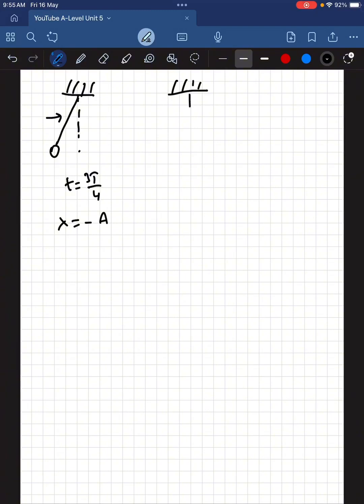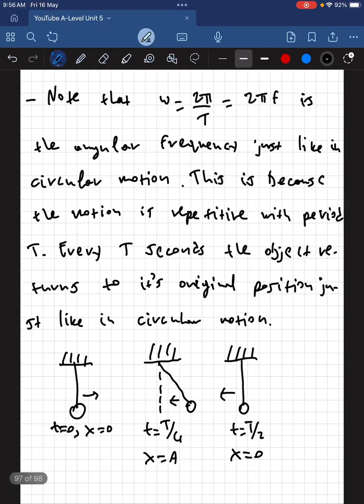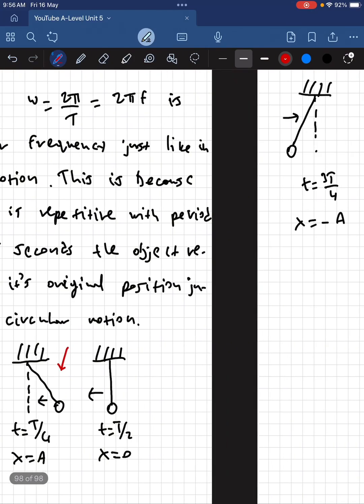And in another 1/4 of a period, it's going to make it where it started. So in a full period, it's going to go to the same position it started, moving to the right. Okay, and the same goes for any other position. So if it starts in this extreme position, for example, in one period, it's going to return to the same extreme position to the right. So in one full period, the object returns where it started.